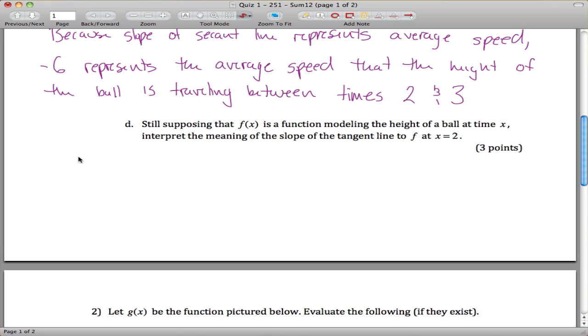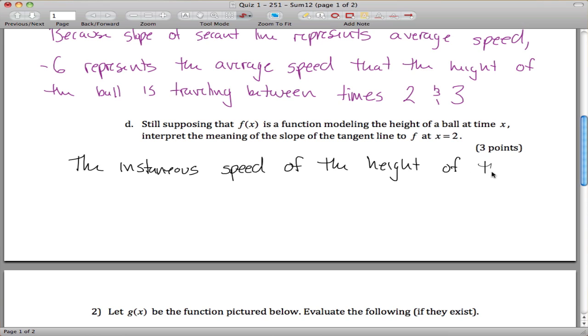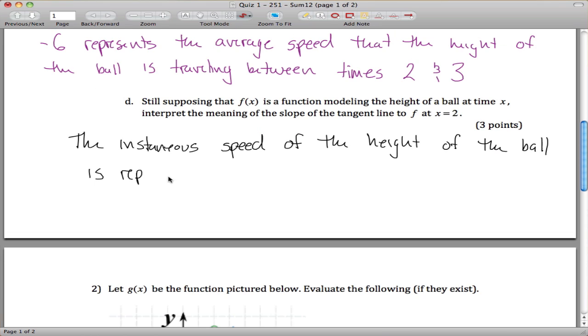So that would mean that the instantaneous speed of the height of the ball is given by the slope of the tangent line.